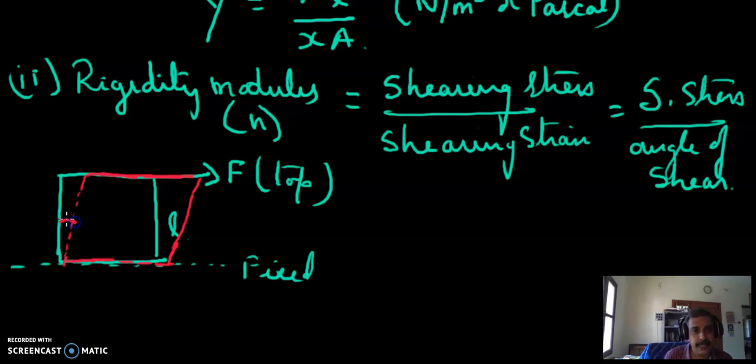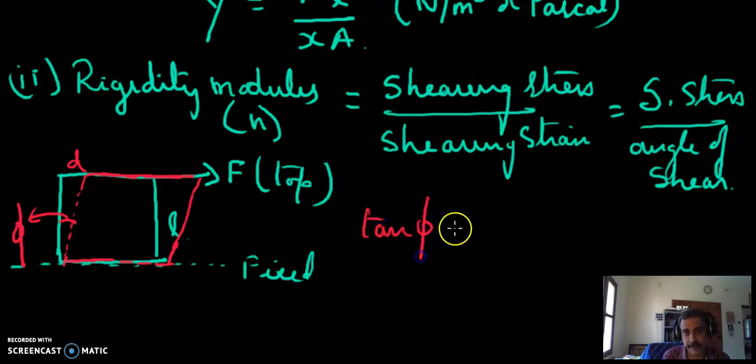Let this angle be phi. This angle we call the angle of shear. So we know that this length is L and this distance it has moved because of this force F is D. Now tan phi is approximately equal to phi if phi is very small. We know tan phi is opposite by adjacent side.